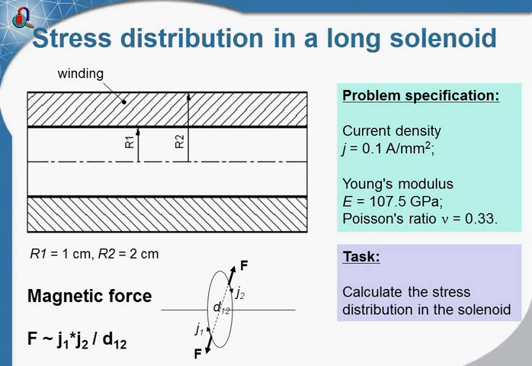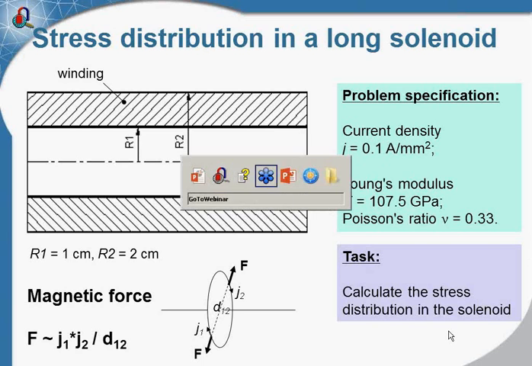In short, the force is in direct proportion to the current's product and in inverse proportion to the distance between the current's elements. And the best way to calculate the magnetic force is to perform the magnetic analysis.